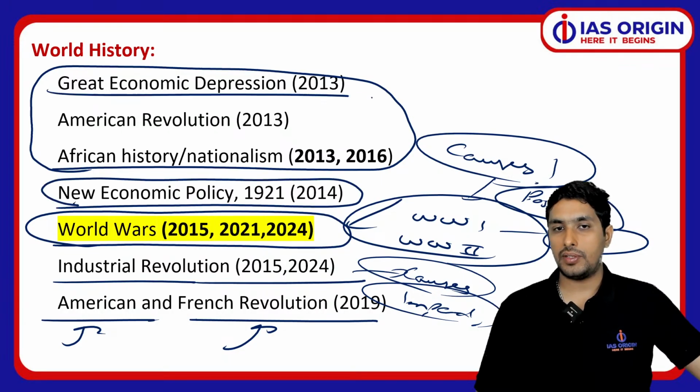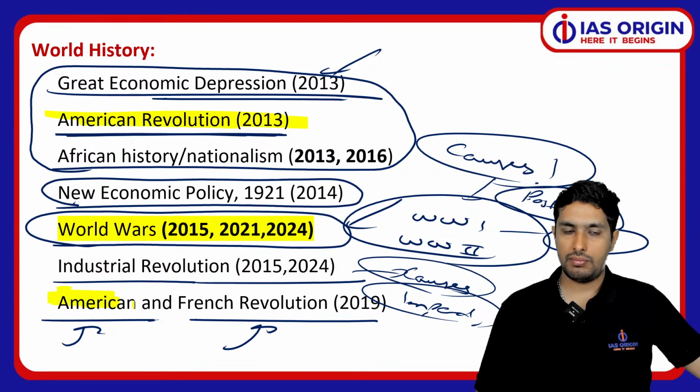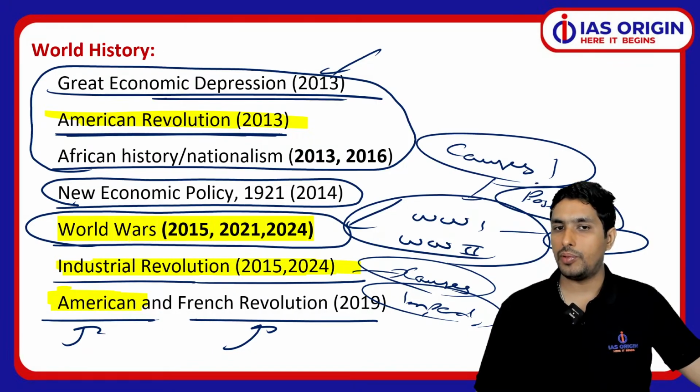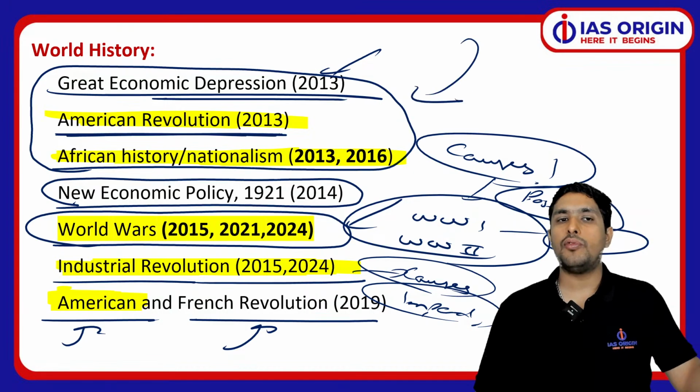The Great Depression, which started from the US and spread across the whole world, was also a question. On the American Revolution again we had a question in 2013. So you can see that questions on the American Revolution are being repeated, the Industrial Revolution is being repeated, World Wars are being repeated, and even African nationalism is being repeated. So the themes will keep revolving here.